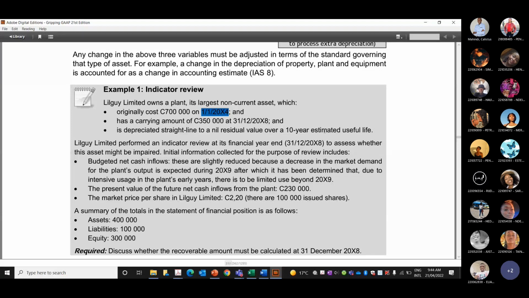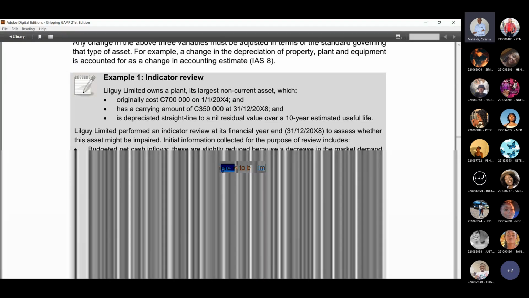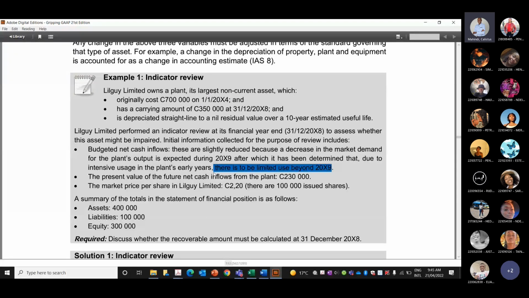Okay. So now let us go and look at it. This bullet here tells us that there is expected to be limited use beyond 20X9. So how many years in total would this plant be used for if it is used up to 20X9?